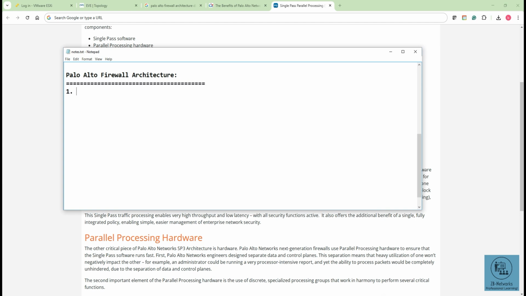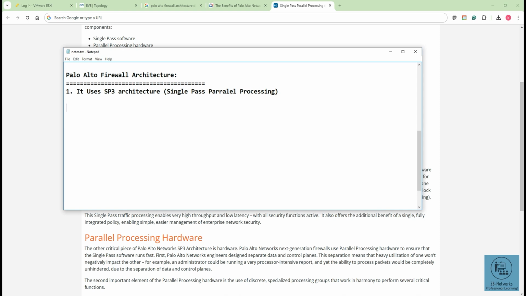First point, as I've told you, it uses SP3 architecture, which stands for single pass parallel processing. That means it has multiple components, right?